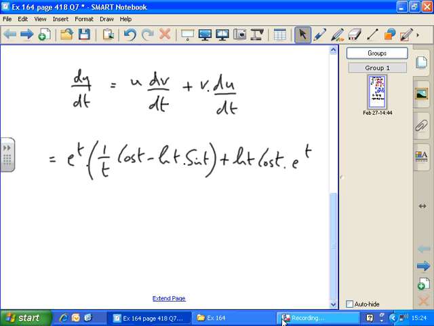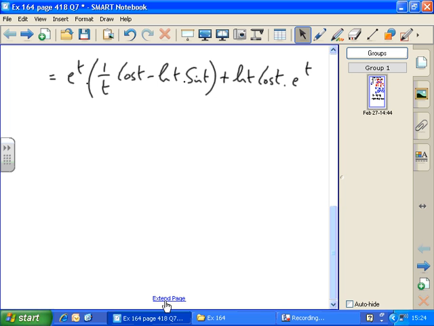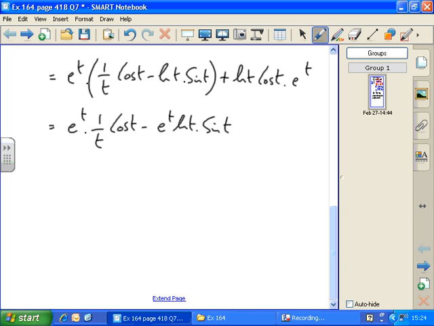Actually, looking again in the textbook, it looks as though they've multiplied out these brackets to get that answer and then taken the e to the t outside the bracket. So let's see what they've done. e to the t times 1 over t cos t, minus e to the t log t times sin t, plus e to the t log t cos t.